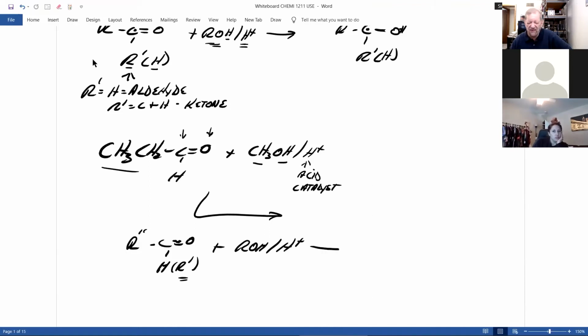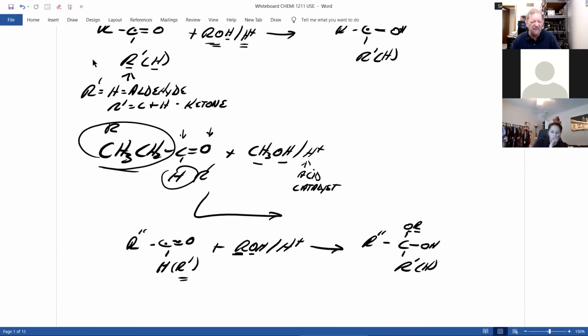So what's the general reaction? What's attached to the carbonyl carbon is still attached to it. R prime or H, or H R prime, doesn't matter which way you write it, R double prime. You break the pi bond, as a hydroxyl group, OR. And the oxygen here is bonded to the carbon in the R group, the same carbon that the hydroxyl group is on. In this case, what's R prime?